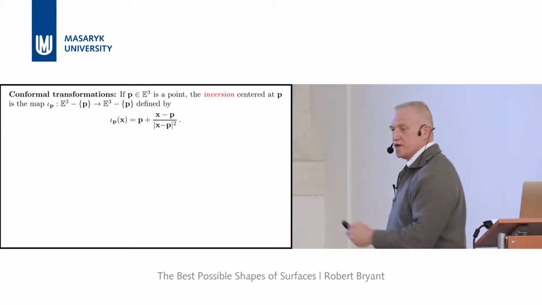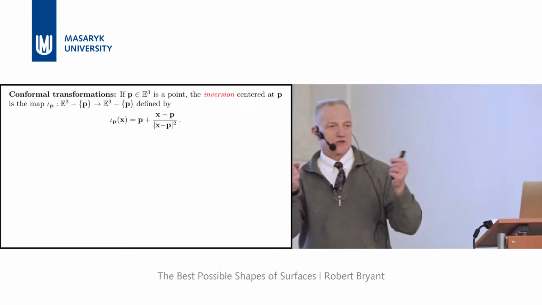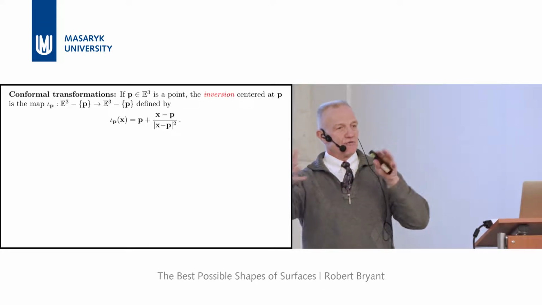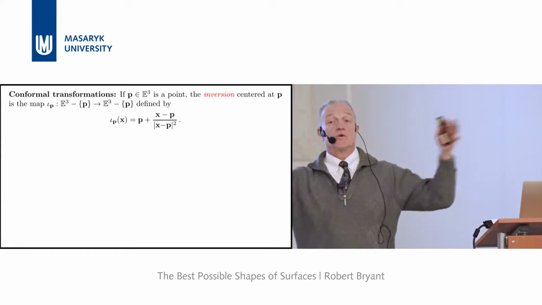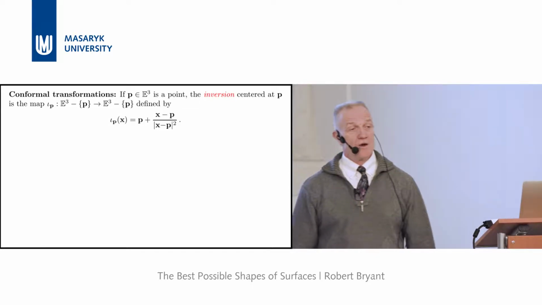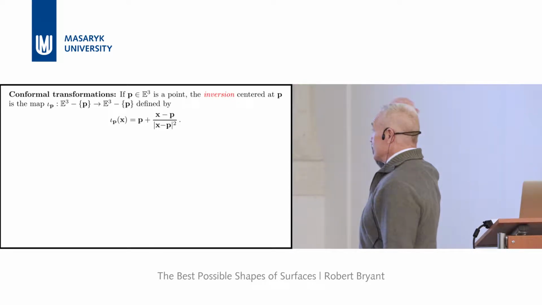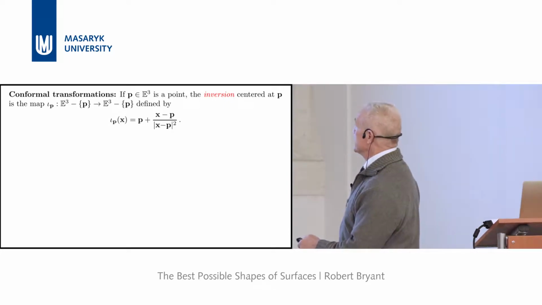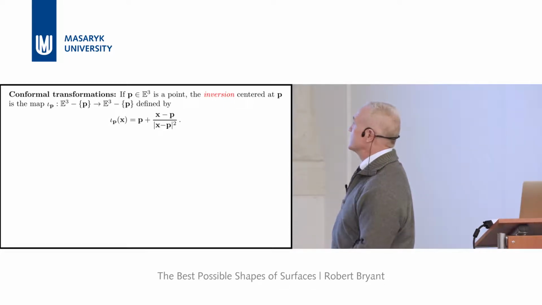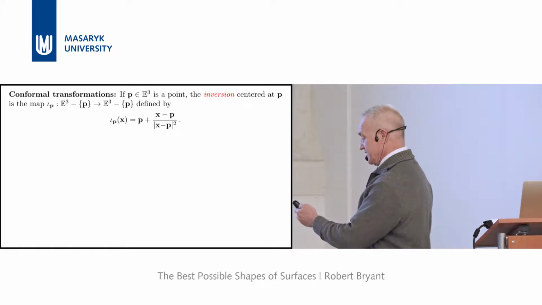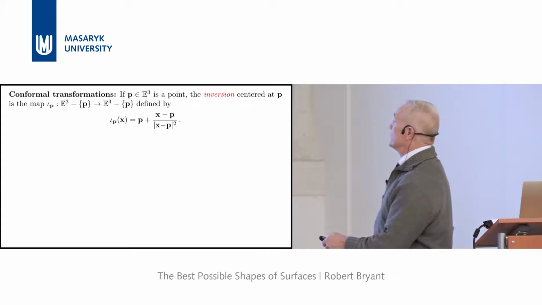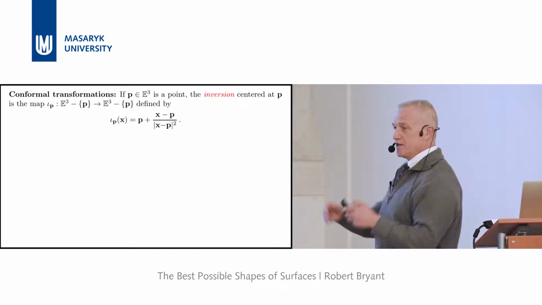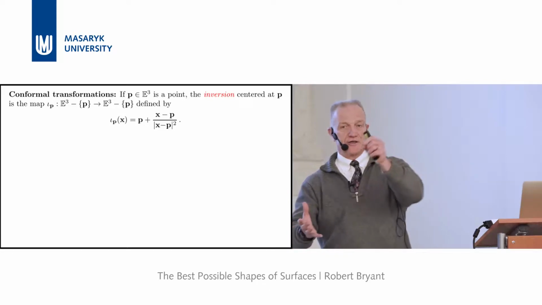And it has to do with doing things. So far, we've talked about the fact that you can translate and rotate, and you can scale, and it won't change the Willmore function. Well, it turns out you can do more than that, because you can take an inversion centered on a point. The idea is, you pick a point in Euclidean 3-space and then invert in the unit sphere centered at that point.